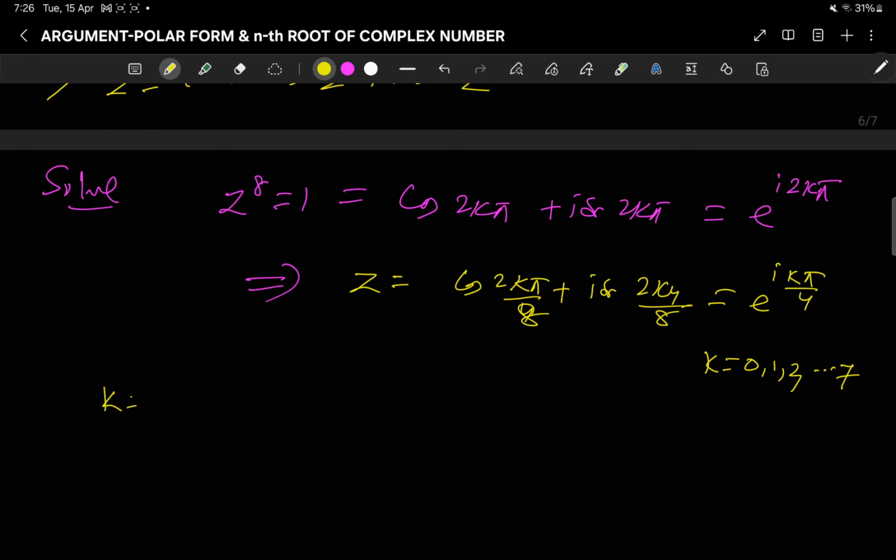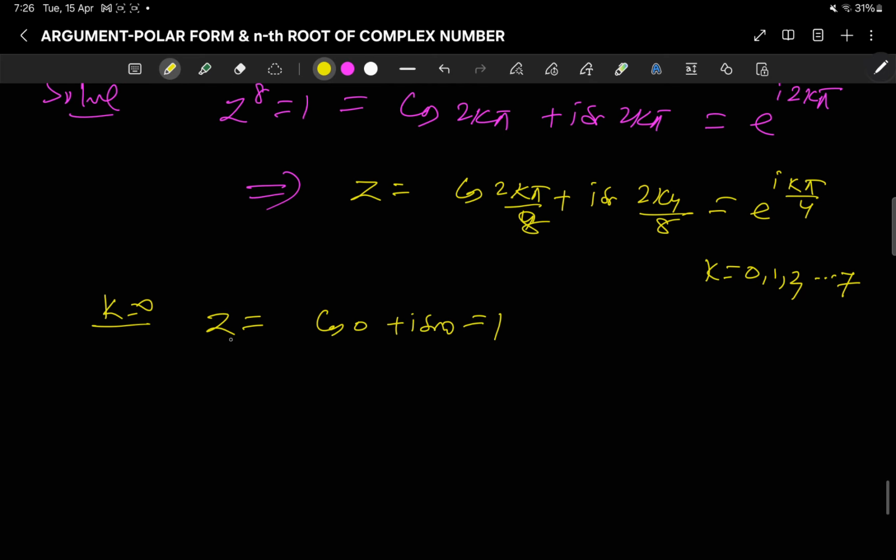For k is equal to 0, here z is equal to cos 0 plus i sin 0 is equal to 1. Okay, suppose I say z1, and for k is equal to 1, I have my z2. z2 will be cos pi by 4 plus i sin pi by 4. Accordingly, it is 1 plus i by root 2.